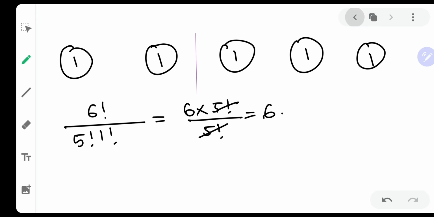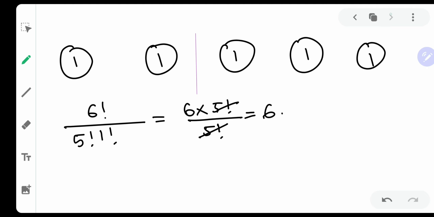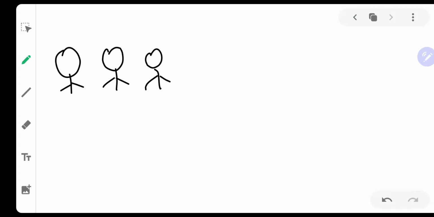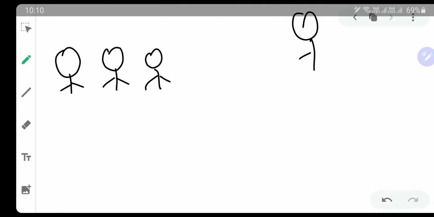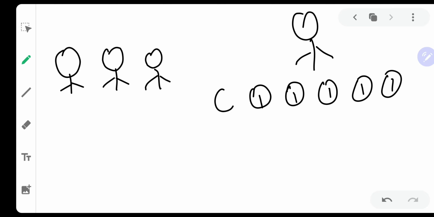But what happened on the third day? On the third day, these two beggars were very happy that you are doing some charity. So these two beggars came along with their friend. 1, 2, 3. Now there are 3 beggars, and this is you, right? And now you have 6 1 rupee coins, and you have to distribute them amongst these beggars.